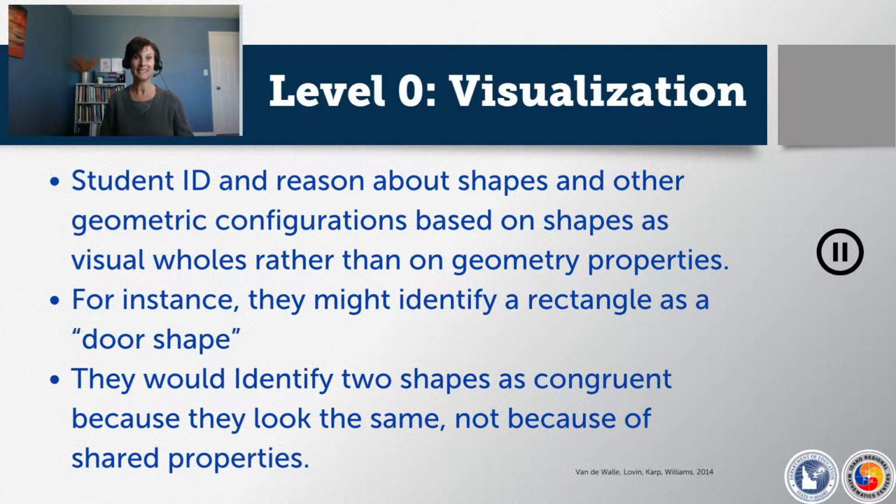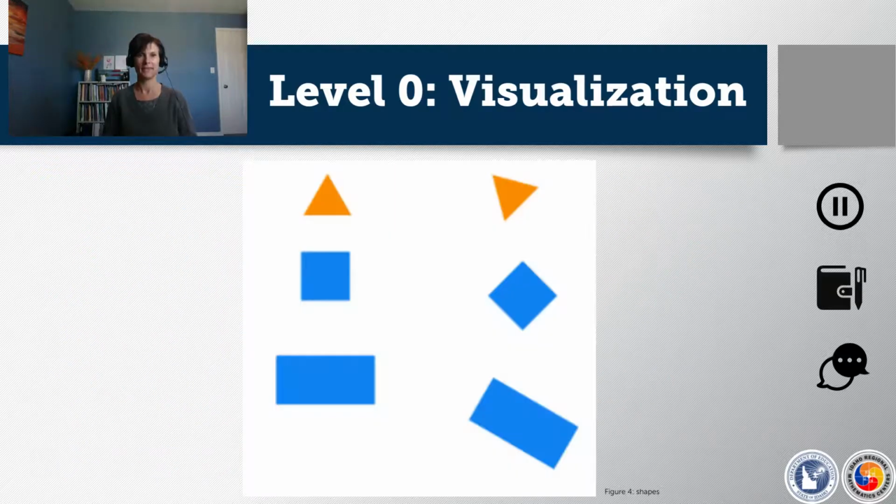In the visualization stage, students see shapes as a whole. Again, not really seeing the properties, and most often shapes are related to real-life objects. If students are shown shapes in the orientation displayed on the left-hand side of the screen, they probably would be able to name them because they're shown in their traditional orientation.